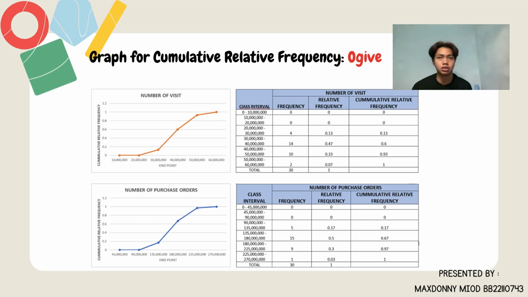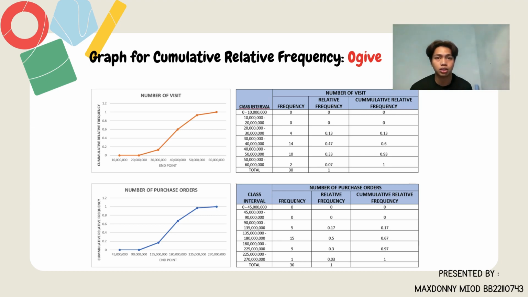The second class, 10 million to 20 million, the relative frequency is still 0, and the cumulative relative frequency is still 0. For the third class, the relative frequency 0.13 plus the previous cumulative relative frequency 0, and we get the cumulative relative frequency 0.13.